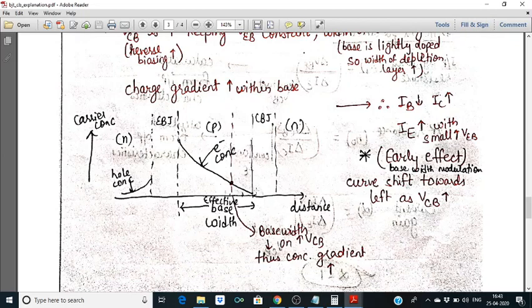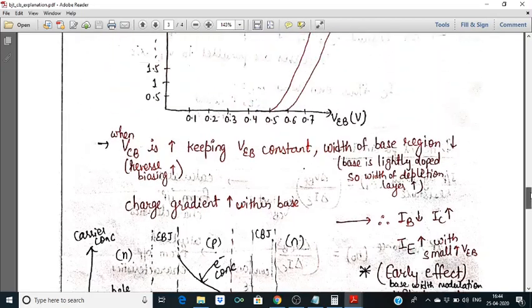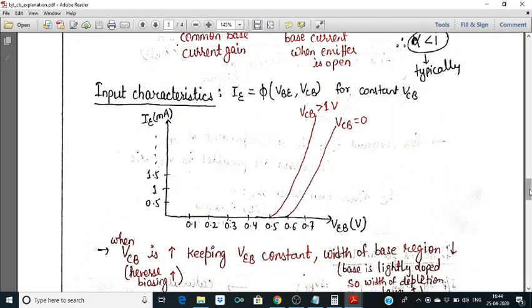Now on increasing VCB, this depletion layer becomes wider and reaches here, so the concentration gradient of electrons is increased, and as the concentration gradient is increased, the diffusion current IE also increases, leading to an increase in IC, and we are getting a high value of IE at small VEB. This effect is known as the early effect or base width modulation. So the curve will shift towards the left as we increase VCB.